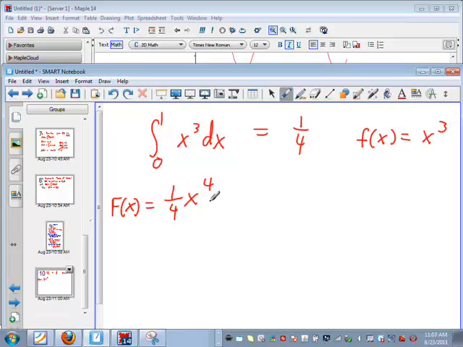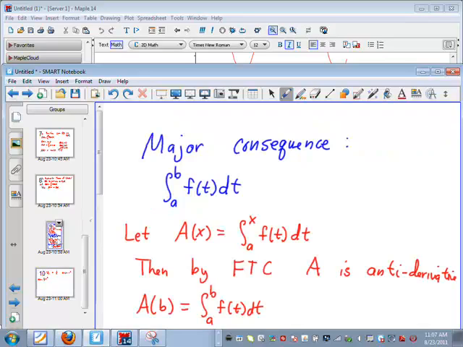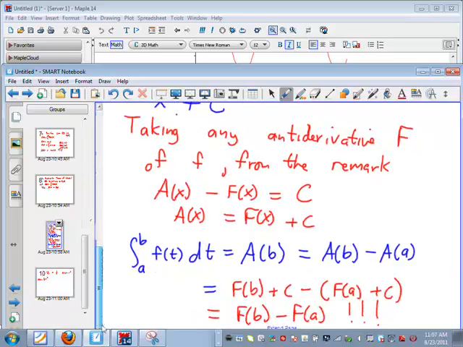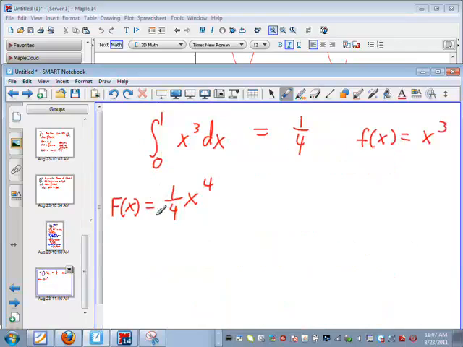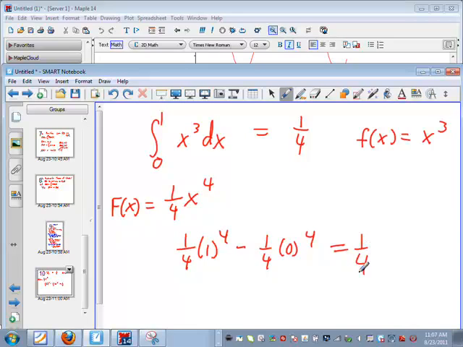Now, I could put plus a constant. Why don't I need to do that in this case? Because what happened in the proof? What happened to the constants? They cancel. So I don't have to put the constant. So there's the antiderivative, and so the answer is 1/4 times 1 to the fourth minus 1/4 times 0 to the fourth, and that is 1/4, and that is the end of the game. One line. Okay. No rectangles, nothing to do like that.